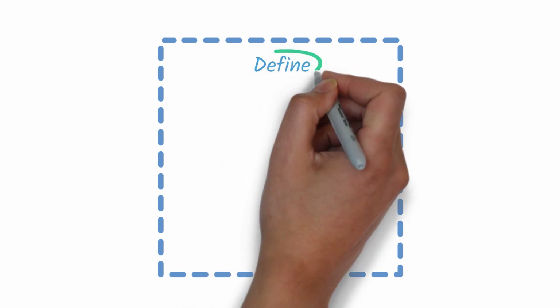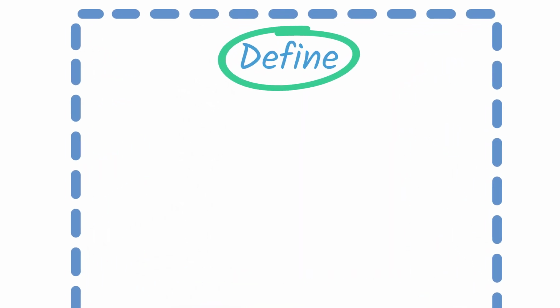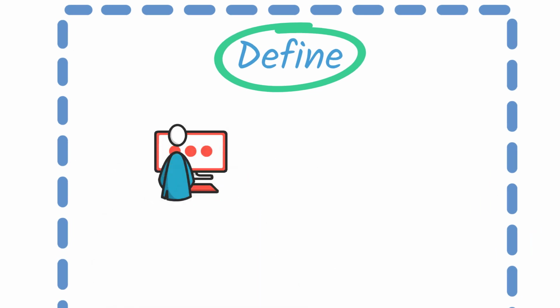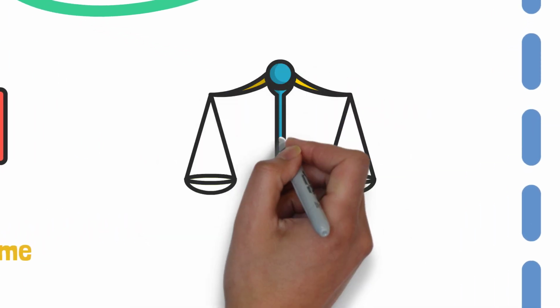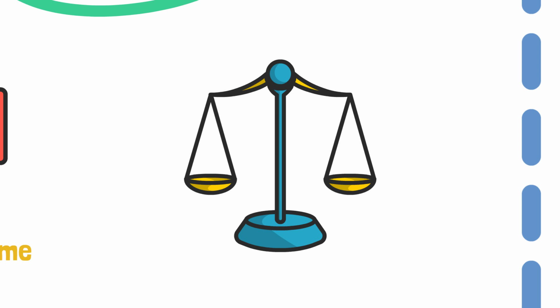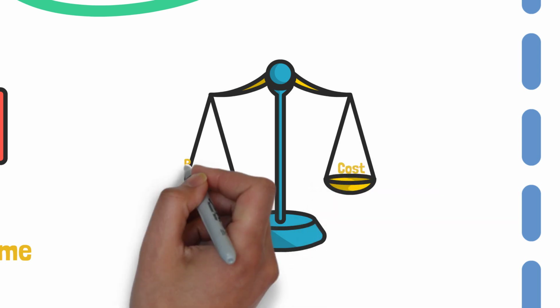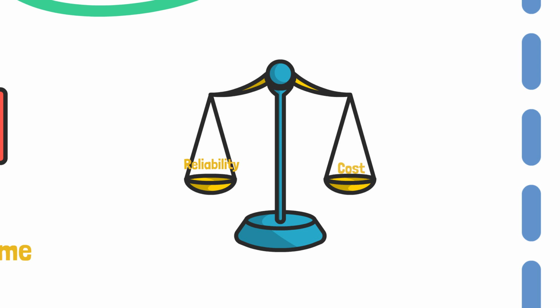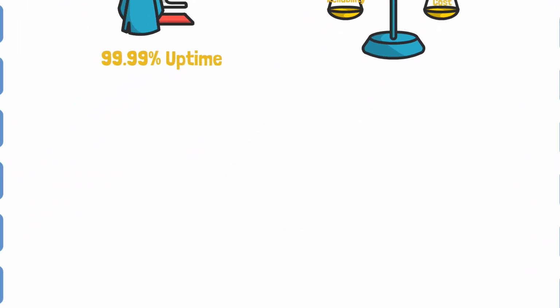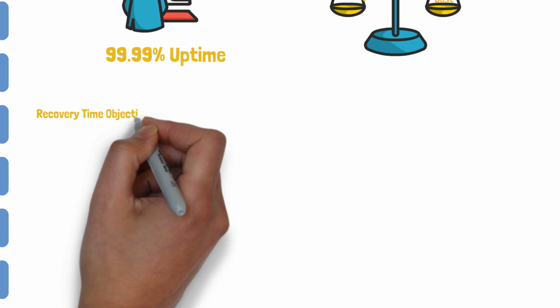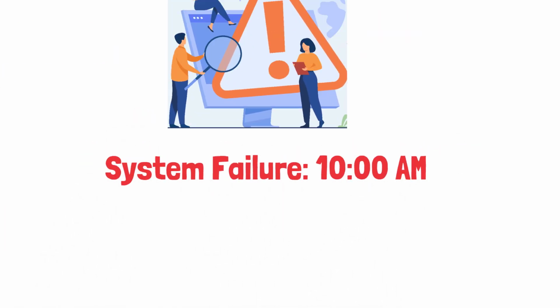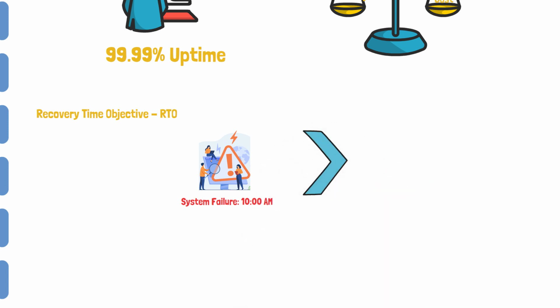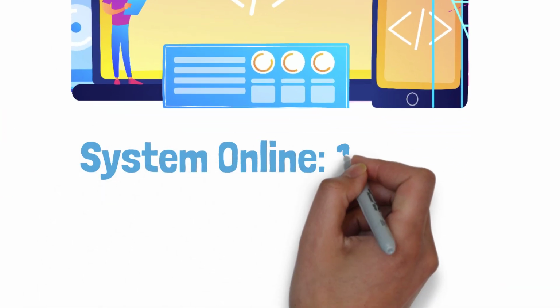Define. Before you start working on the design, you need to understand the application's reliability requirements based on the business objectives. Reliability is often at odds with the cost. Therefore, you have to find a balanced approach when architecting. During this phase, architects need to determine recovery time objective, or RTO, which is the maximum acceptable time it takes to recover from a failure.